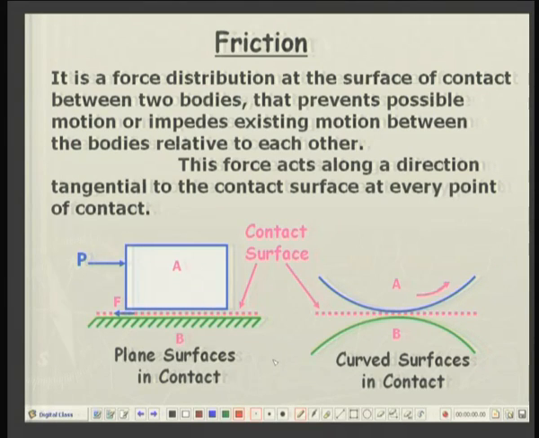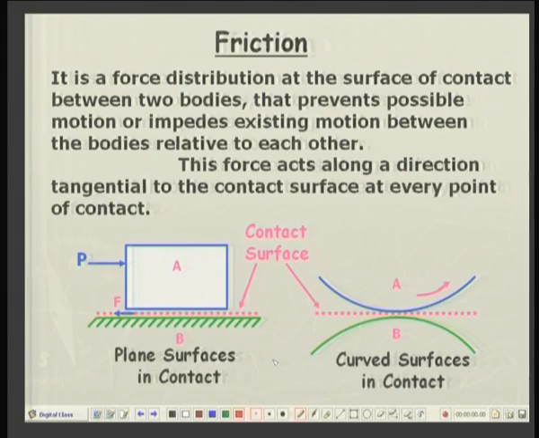First of all, it will try to prevent the relative motion between two bodies, and secondly, if the motion is already existing, that is the bodies are moving past each other with some relative velocity, then the role of friction is to slow down that motion or impede that motion.